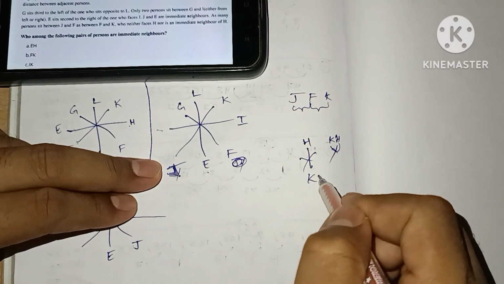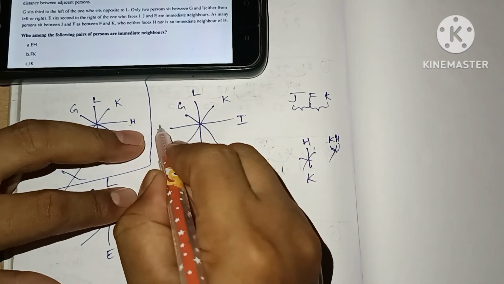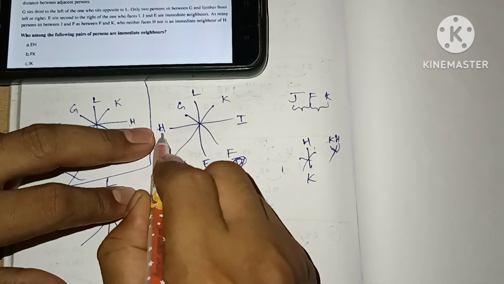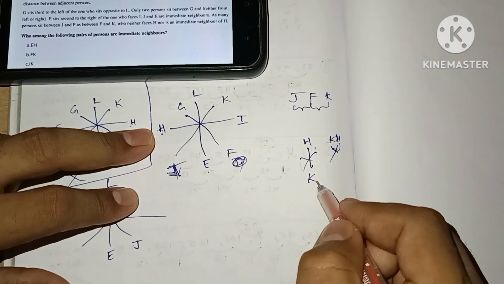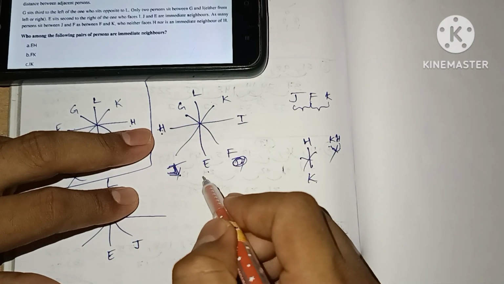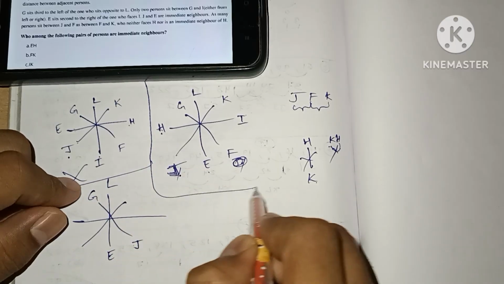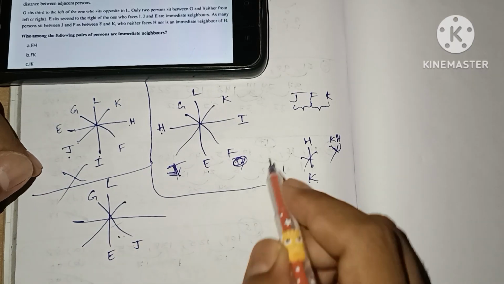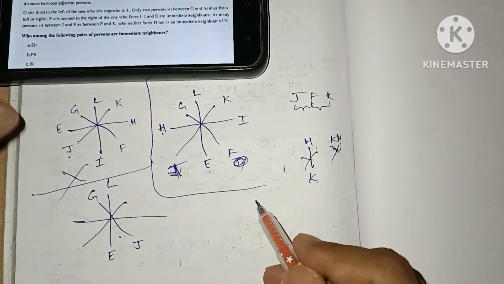Now we are left with H. We can place H here. Now see, H is not opposite to K, and K and H are not immediate neighbors. So this is the solution of our puzzle. We don't need to check this other possibility.